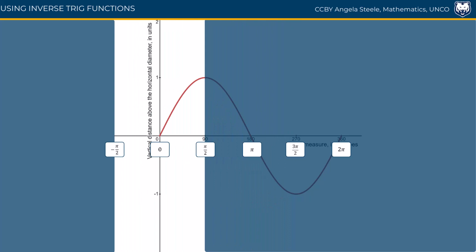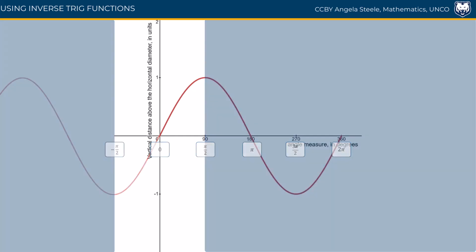So if we extend this graph in the other direction, so there's negative pi over 2, if we restrict our graph here from negative pi over 2 to pi over 2, that still passes that horizontal line test.